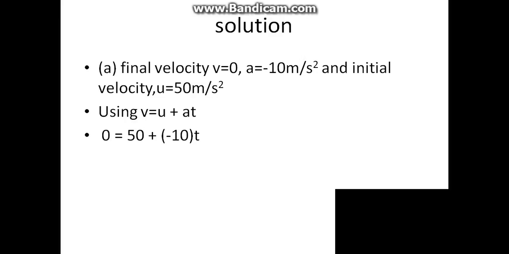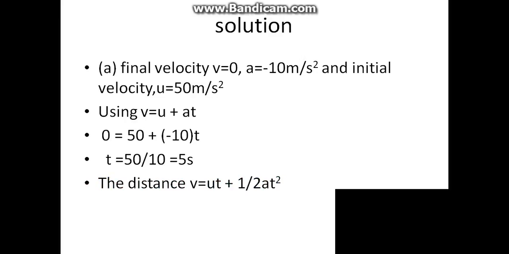Making t the subject of the formula, we now have 50 over 10, which gives us 5 seconds. The distance s is equals to ut plus half at squared. Therefore, the distance s is equals to 50 times 5 minus half in bracket 10 times 5 raised to power 2, which now gives us 125 meters.